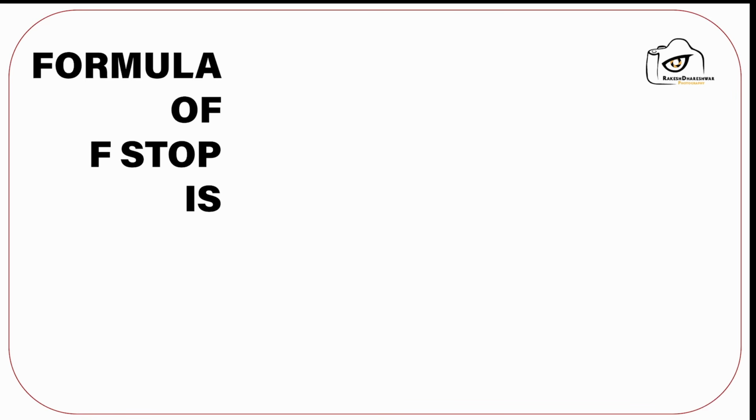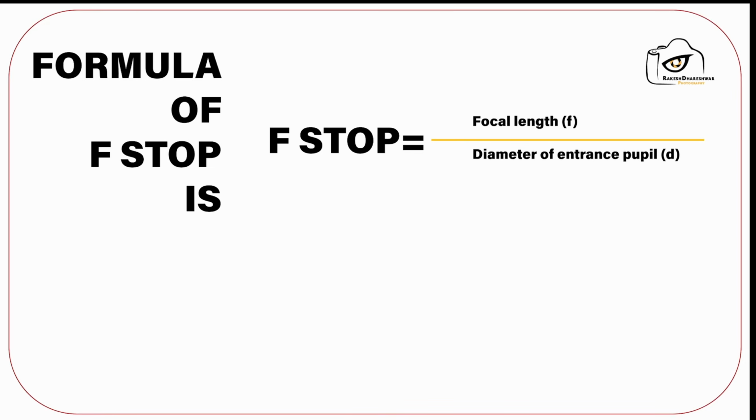Now, here's where beginners get trapped. They say, Rakesh, 2.8 is smaller than 4. So why shouldn't 4 let in more light? And this is where photography confuses you. Aperture numbers are not the actual size of the hole, they are f-numbers. And the formula is the f-number is equal to focal length divided by the aperture diameter.